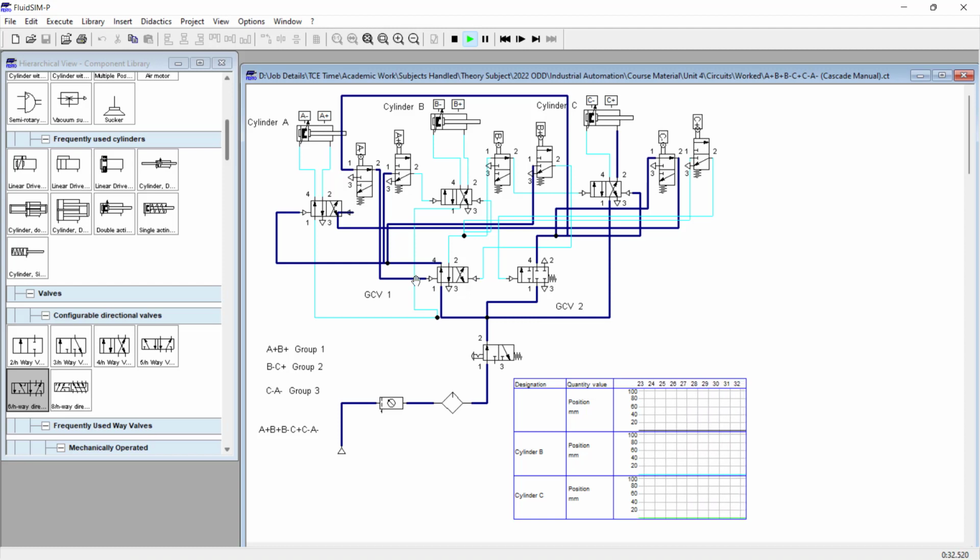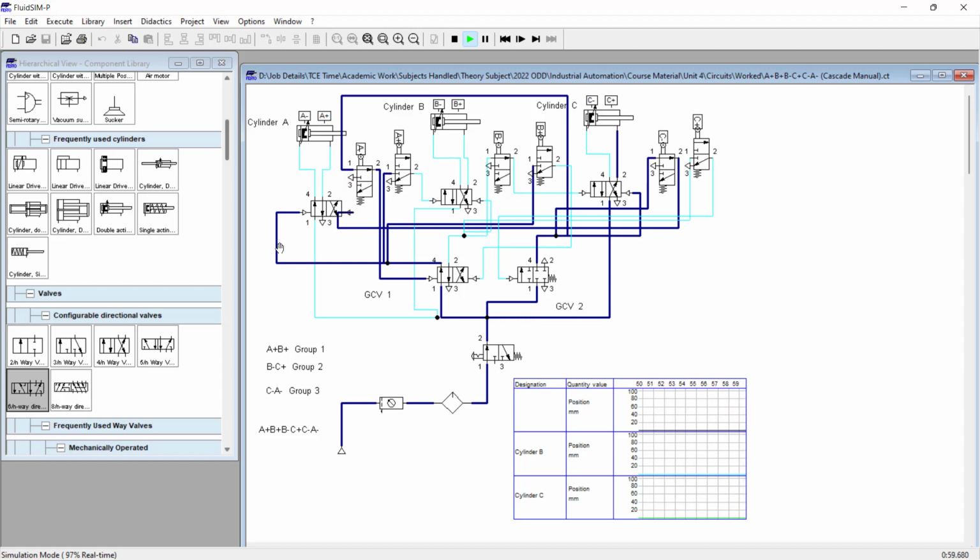So in group changing valve position 1, it gets the power signal to actuate A plus first. But in the meantime, I have the input signal from the C minus limit switch, so the DCV1 gets locked. Therefore we go for the step counter method.